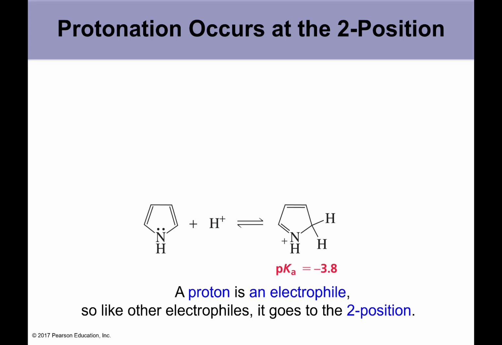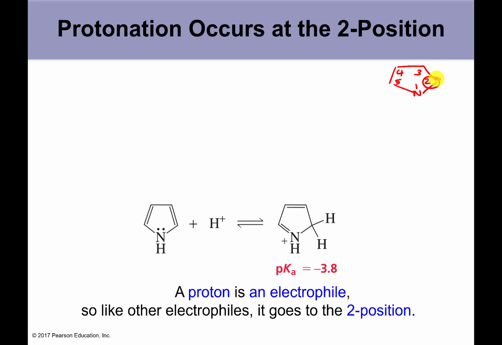Looking at the Pyrrole structure like this, this is 1, 2, 3, 4, and 5. The addition of the electrophile, in this case hydrogen, almost exclusively happens at the number 2 position, unless that position is occupied by another group.